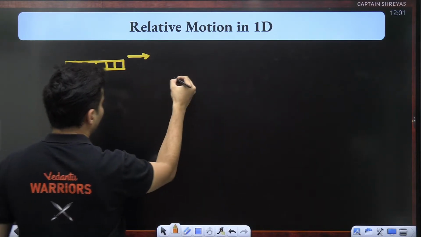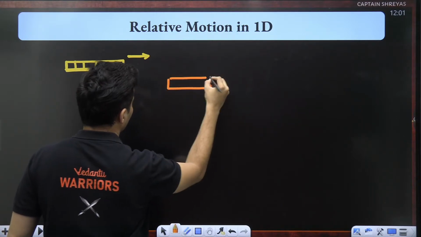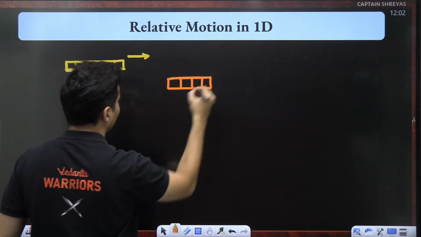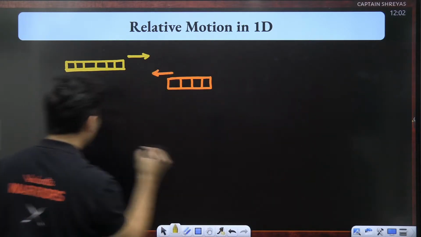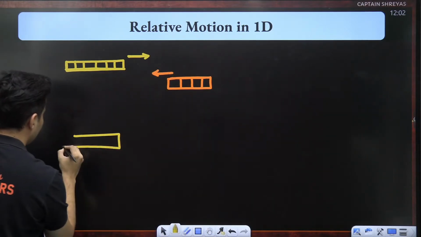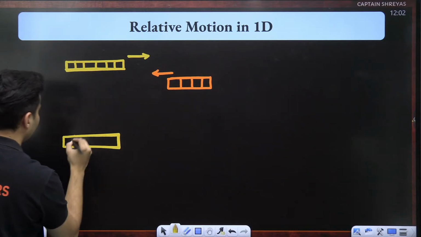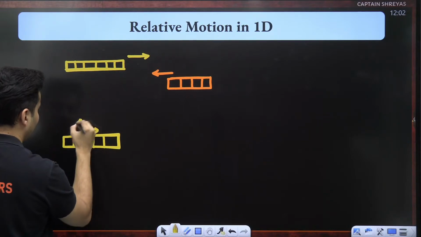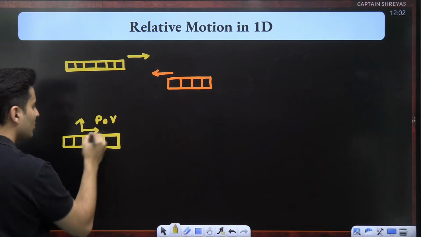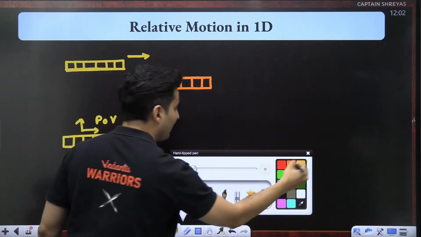So whenever you get such problems, what you do, you make one of them as the frame of reference, point of view. So everything is being observed with respect to that.